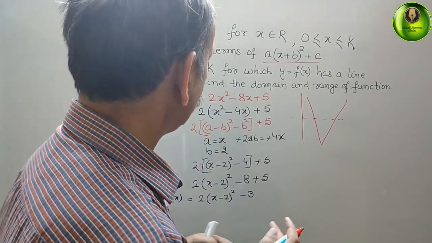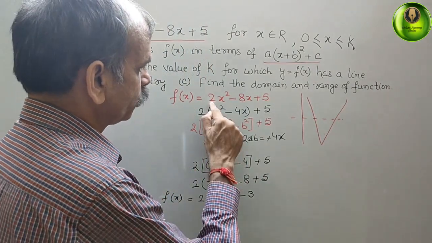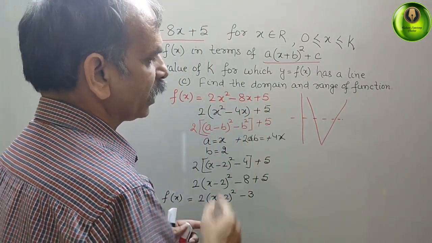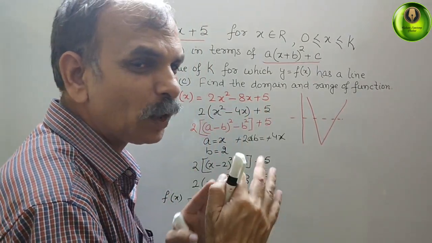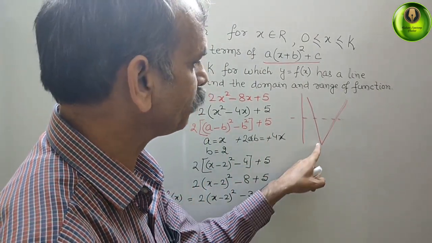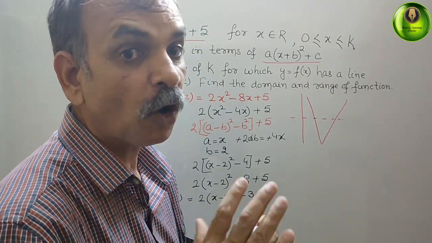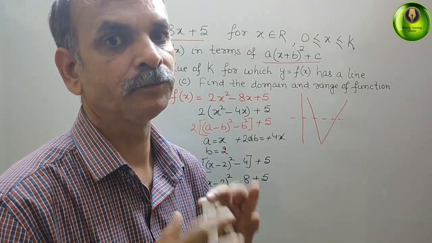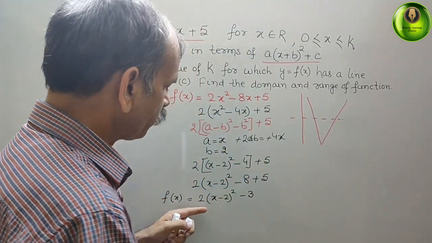Now if you see this equation, 2x² − 8x + 5, the coefficient of x² is positive. Therefore, we will get a minimum point. So what is the minimum point?